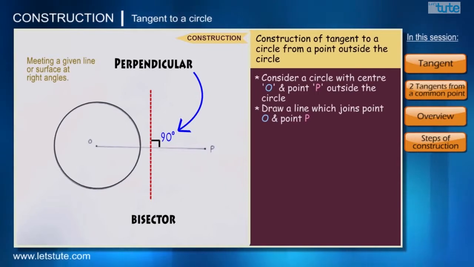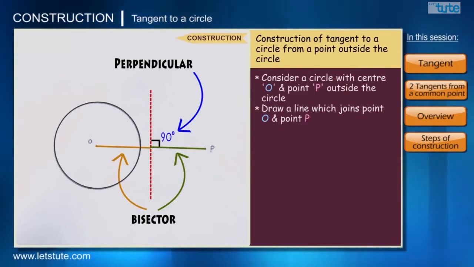And if we understand the term bisector, bi will mean 2 and sector will mean portions. It only means this particular line will divide the line segment PO into 2 portions or 2 smaller line segments. So a perpendicular bisector will mean a line or a line segment that is not only 90 degrees but also divides another line segment into 2 parts.